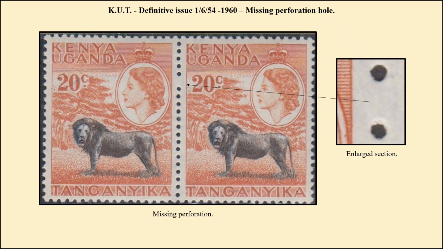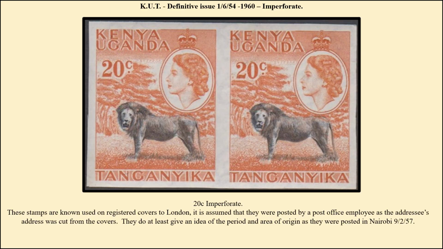Varieties on the 20 cent. The paper varied from off-white to dirty white. Then there is a missing perforation, and finally an imperforate pair. The 20 cents imperforate.